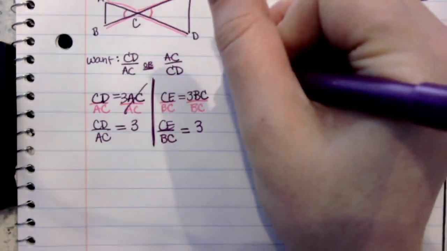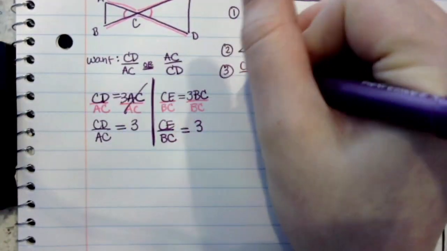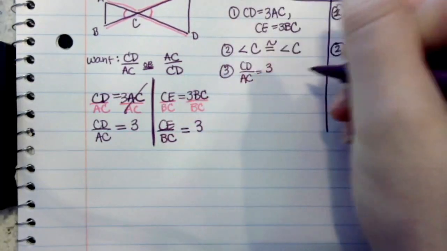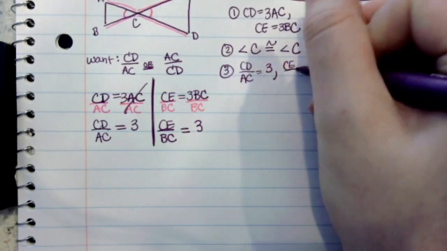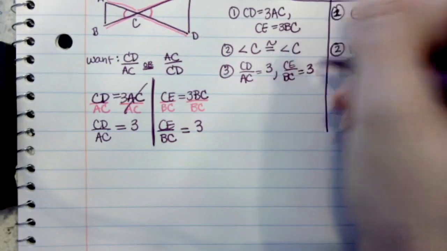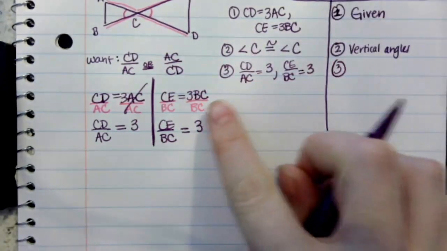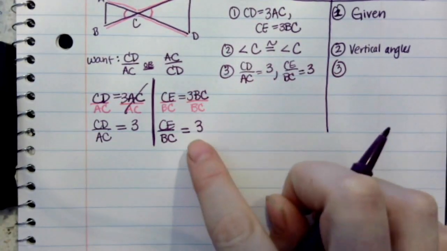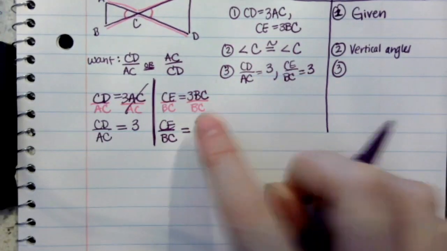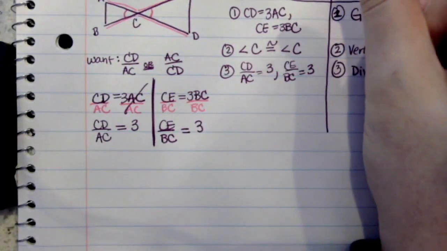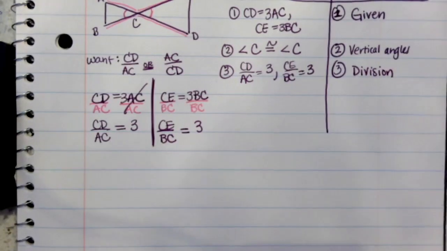So back up to my proof, item 3 are these statements. So CD over AC equals 3, and CE over BC equals 3. And all we did to get from the given to this is just divide. And so my reason is just division.